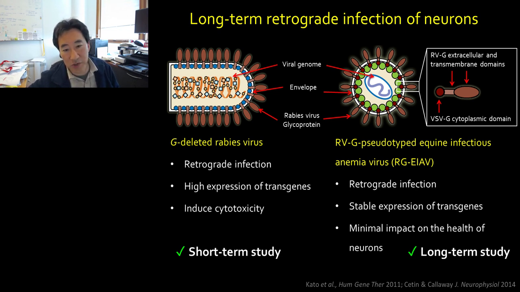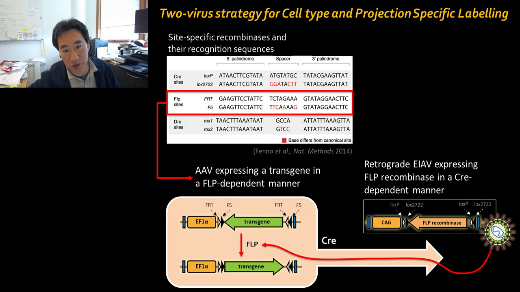So using this idea, we further modified the genome of the virus. We used the Flp recombinase and the Cre recombinase combination. So we generated the retrograde EIAV virus expressing Flp recombinase in a Cre-dependent manner.